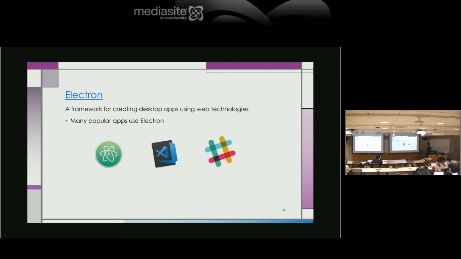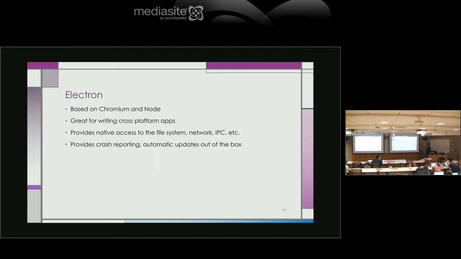I'm also going to use the Electron framework, but the last presenter told you all about it, so I won't spend too much time on it. Again, these are the things that the last presenter talked about. It lets you create desktop apps.